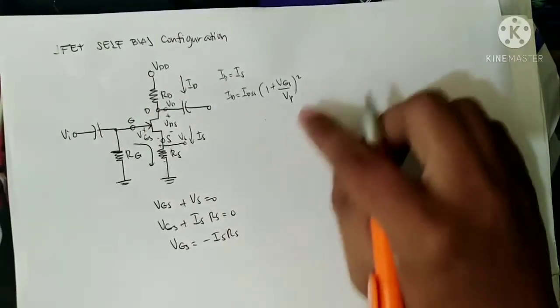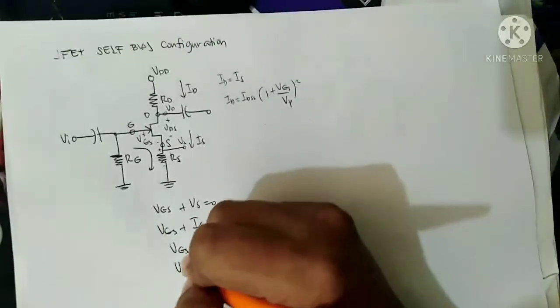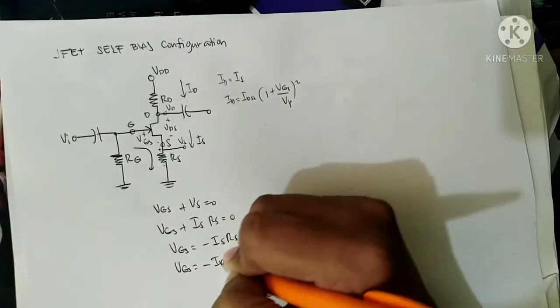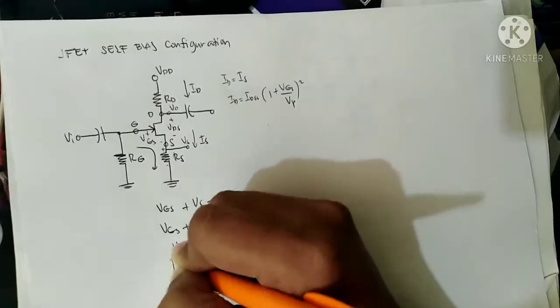Since IS is equal to ID, therefore VGS is equal to negative ID RS.